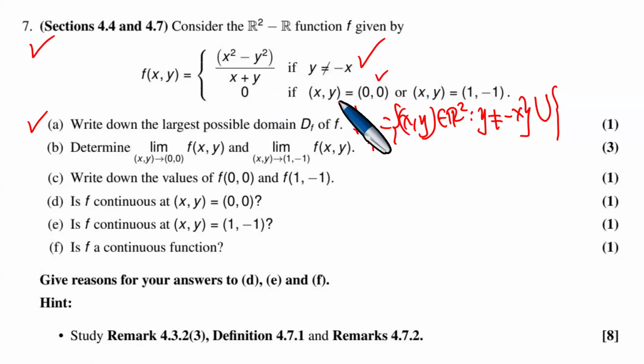But the examiner specifies that if there is division by 0, then the function is 0. So we're going to include those and join them: union (0, 0), together with (1, -1).